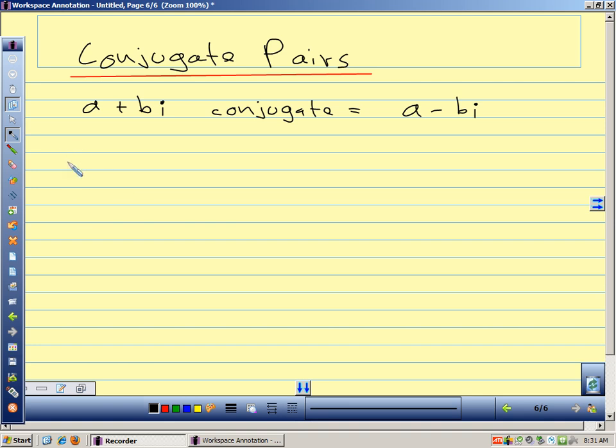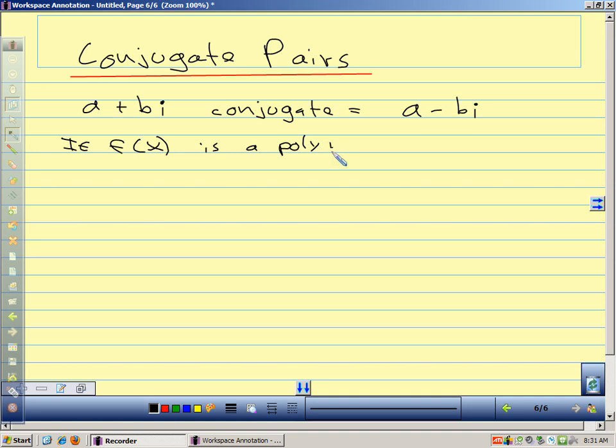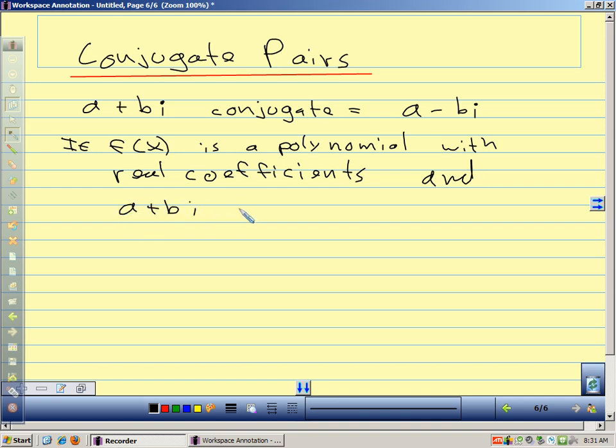So the reason we need to know about conjugate pairs is if f of x is a polynomial with real coefficients, that's just telling me that all the a's, the a sub n, x to the n, all those numbers are real numbers, and a plus bi is a solution, then a minus bi is also a solution.